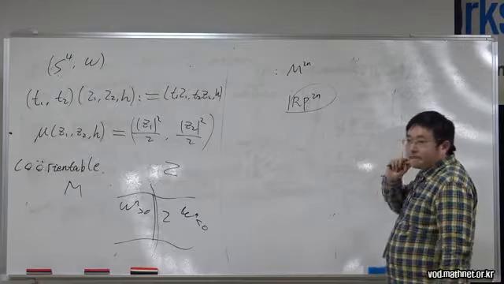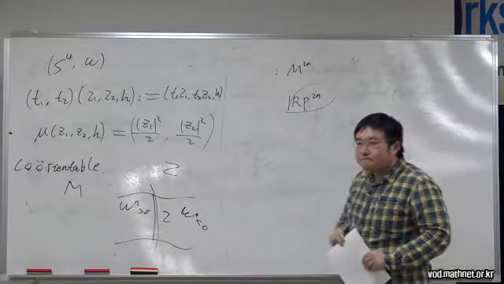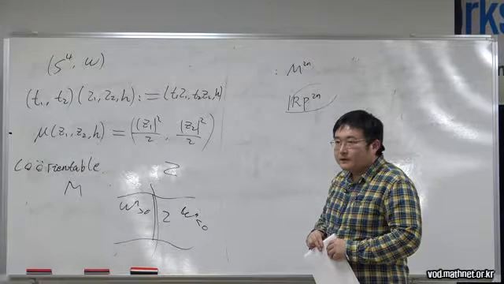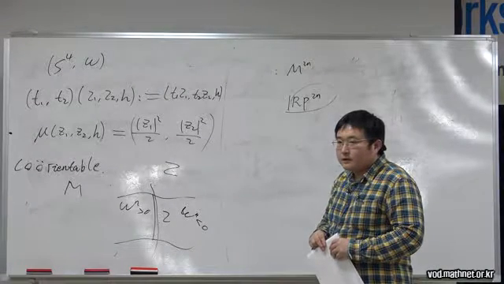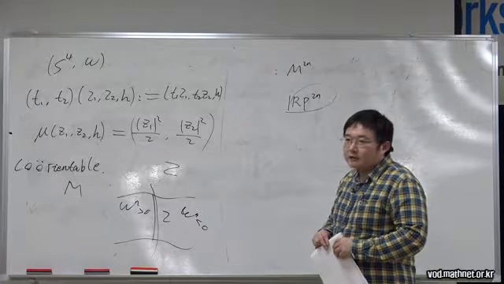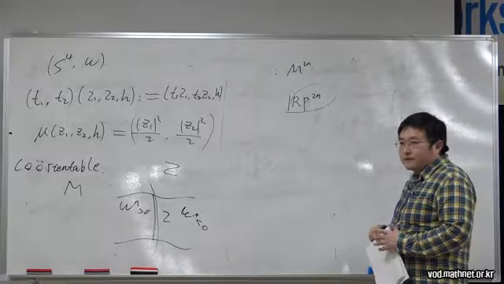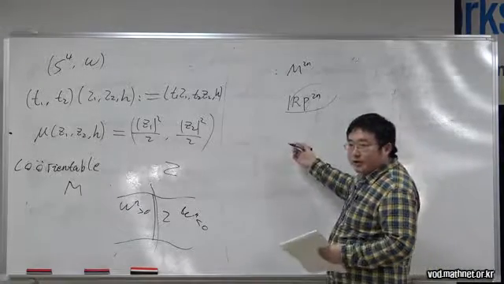If you start out with an orientable origami manifold, then this Z has to be orientable. Yeah, Z is always co-orientable.